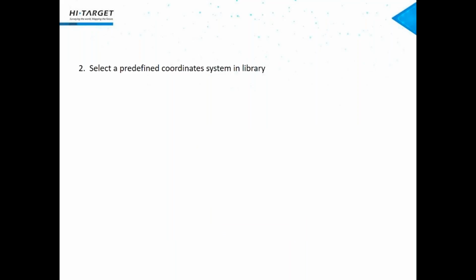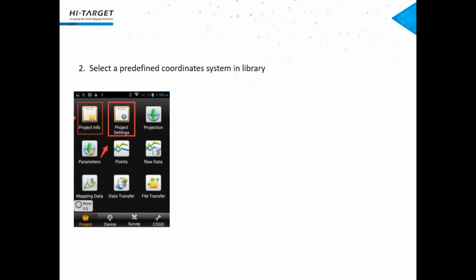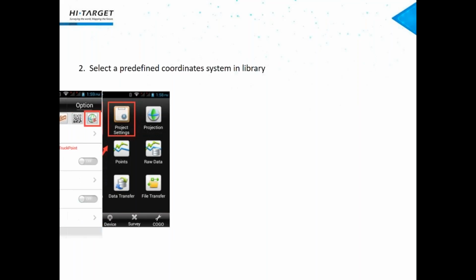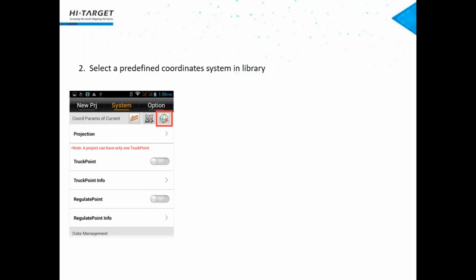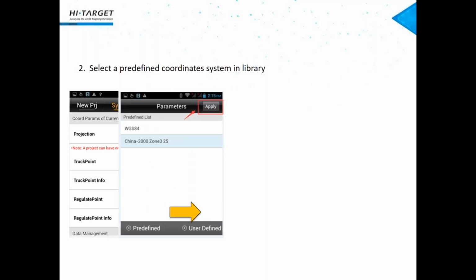Next, I will show you how to select a predefined coordinate system in the library. We can enter into project setting to set coordinate systems and click the Earth-like icon, predefined, and then you can choose the coordinate system according to your country and needs.